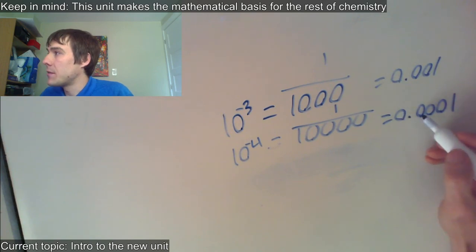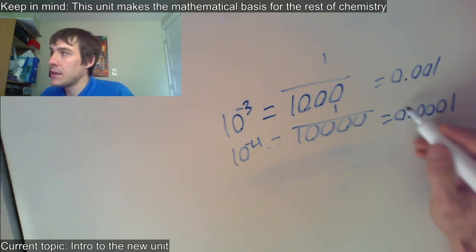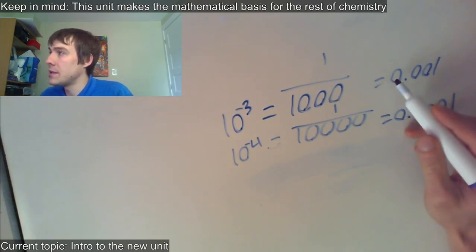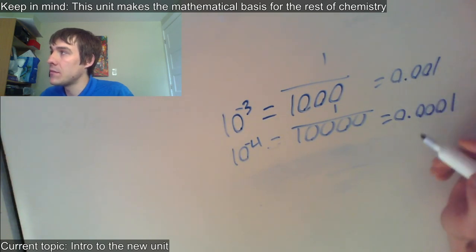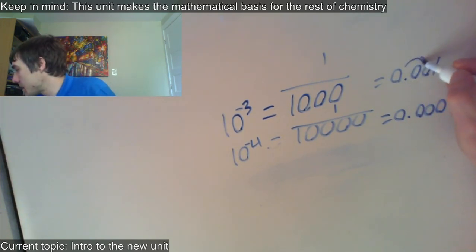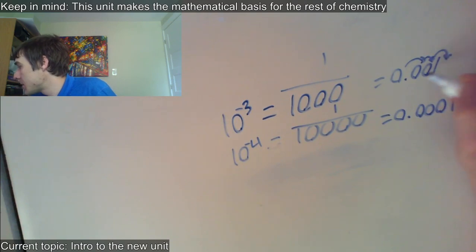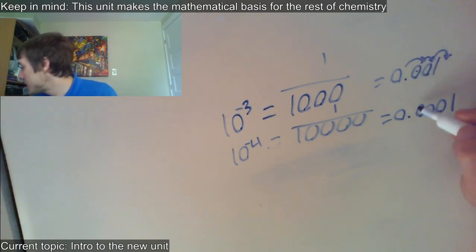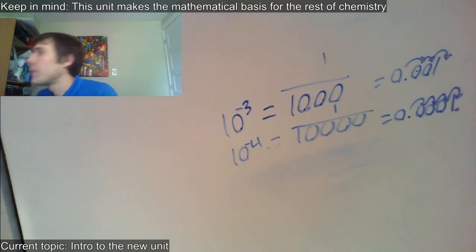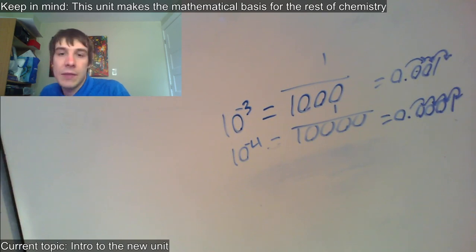So negative 4: 1, 2, 3, 4, including that front zero. And in negative 3 it's 0.001, because you can also do the hops: 1, 2, 3. The decimal point has to hop 3 times to get down to the last number. So that's what we get with decimals.